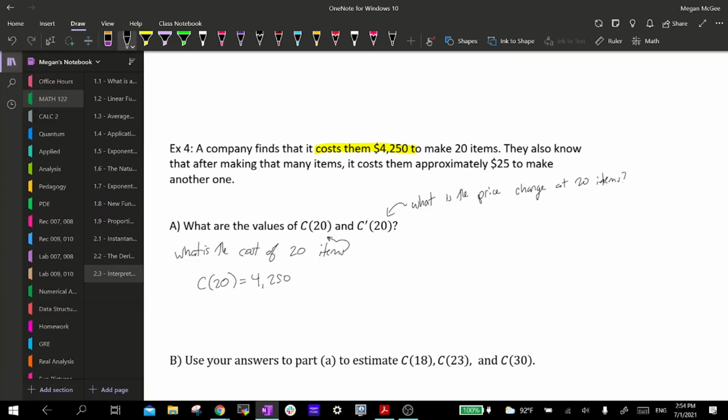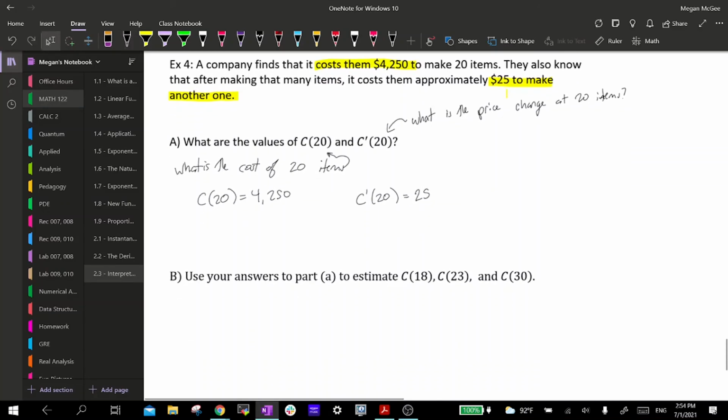So that would be our derivative. C prime of 20 is our rate of change of the price at 20 units, which our question says is $25 to make another one. So C prime of 20 is 25.